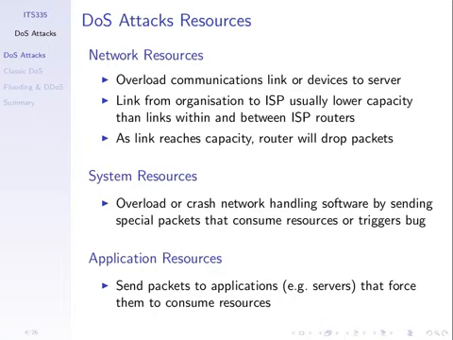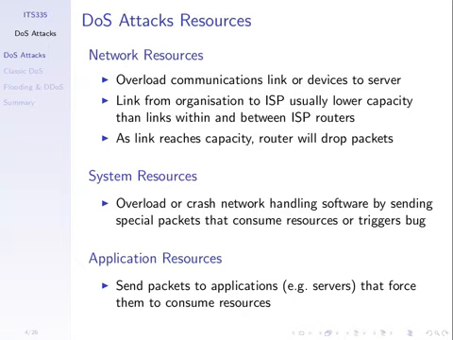Maybe 100 megabits per second is the capacity of that link. If the attacker tries to send traffic onto that link that starts to approach that capacity, 100 megabits per second, then the normal data coming from the normal users may be delayed or may not be sent across that link. So one aspect of exhausting the network resources is overloading the links. Sending so many packets such that the links cannot send all of them.